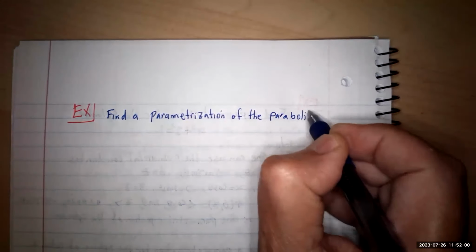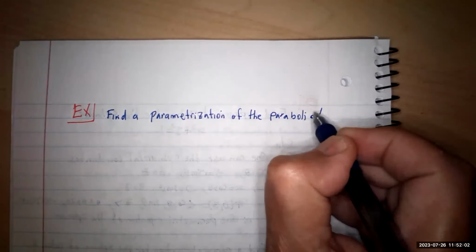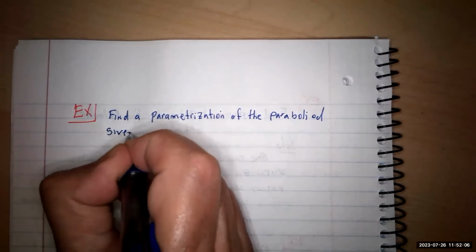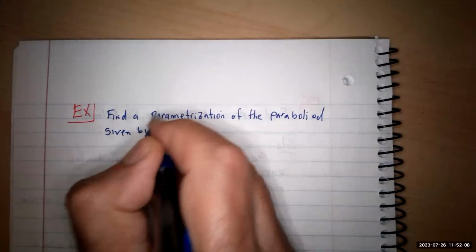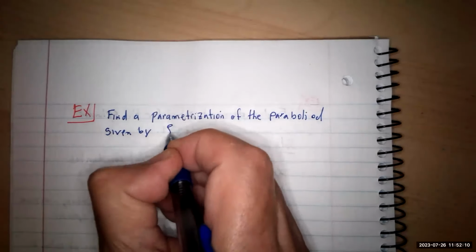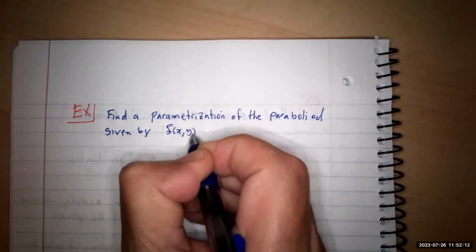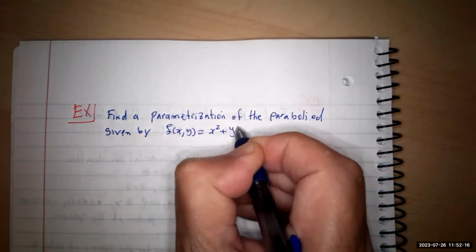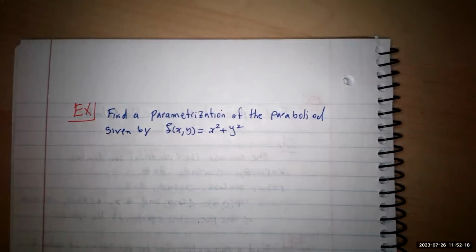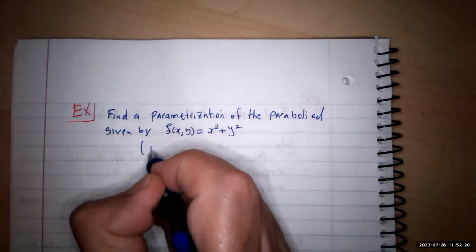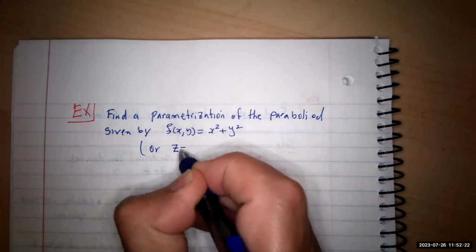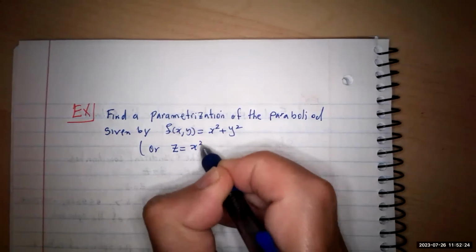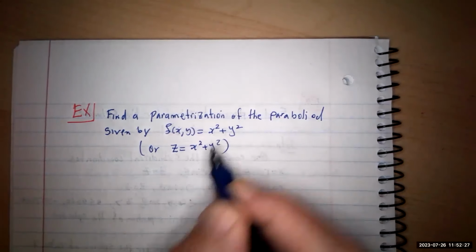Okay, it's a paraboloid, an equation given by f of x comma y is equal to x squared plus y squared. Okay, you know that this is, or if you like, z equal to x squared plus y squared. This is the case.